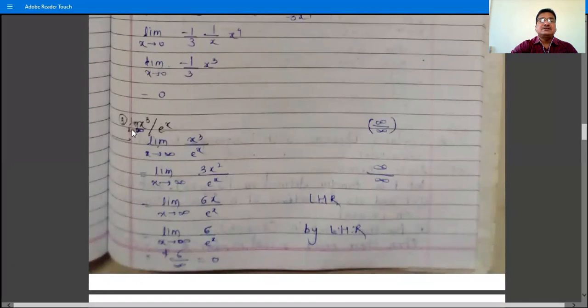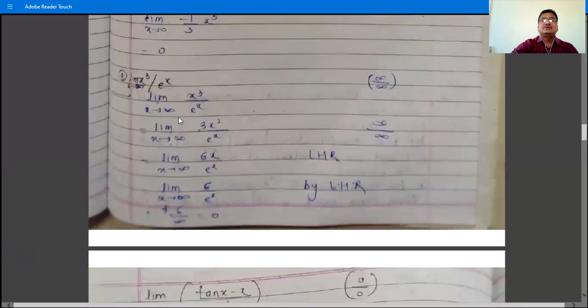Then limit x tends to infinity, x cube by e raised to x. If you substitute x as infinity, infinity cube is infinity, and e raised to infinity is infinity. So it is in the form infinity by infinity.